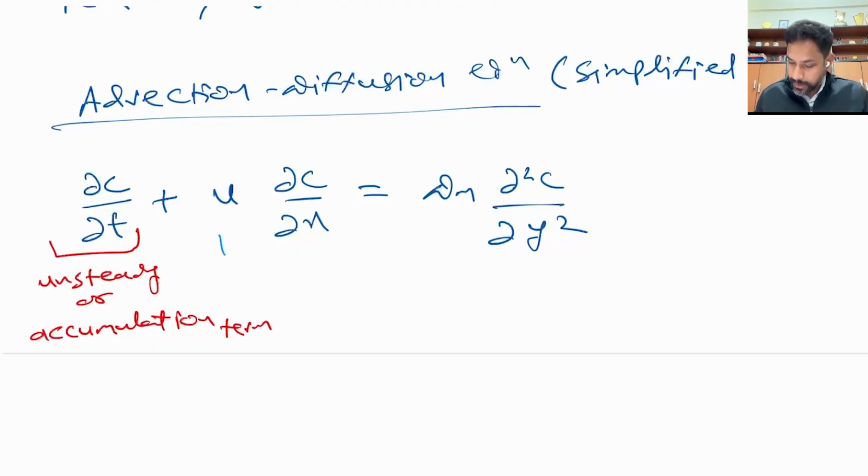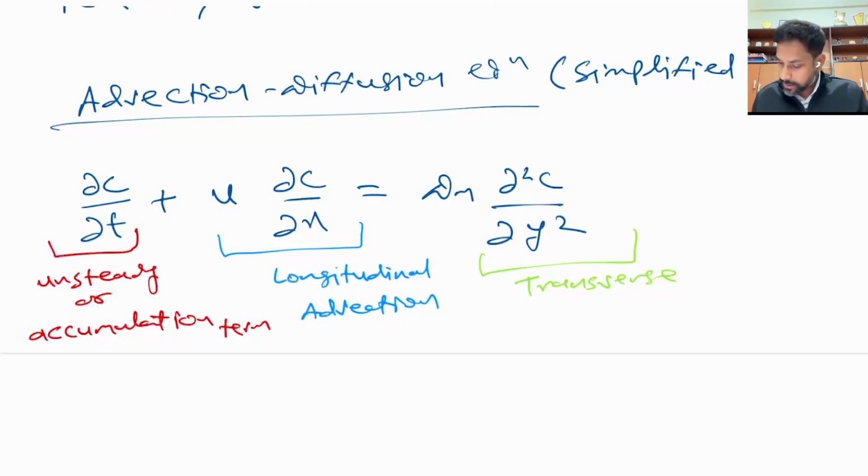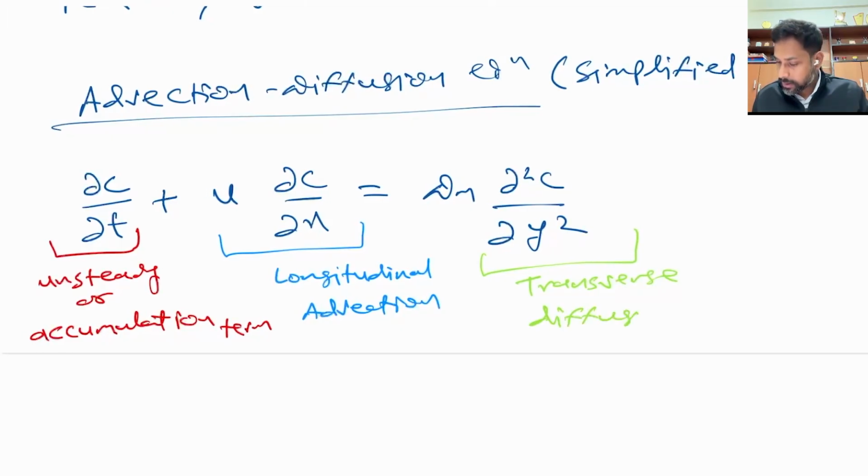The second term signifies the longitudinal advection, and the third term is the transverse diffusion. Okay, so we see three different terms here. First is the unsteady term, which basically tells you how concentration is changing in time. Second term is the longitudinal advection term.